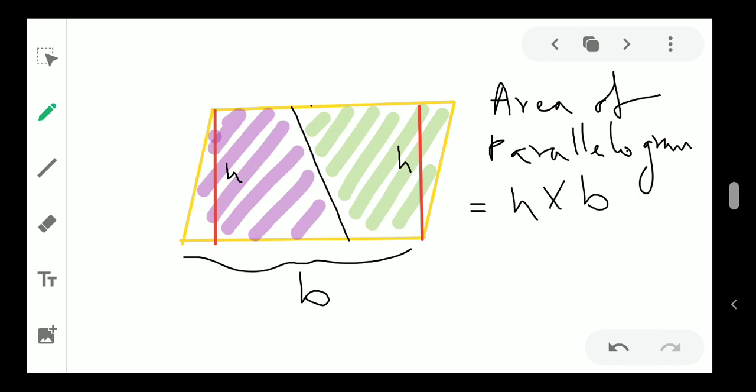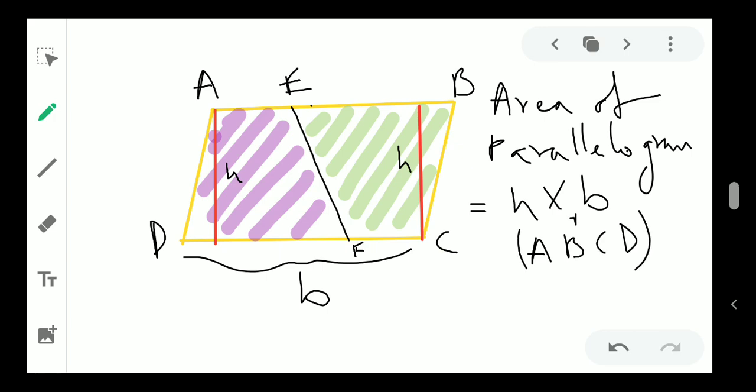But now as I have divided the portion, let me give names. A, B, C, D, and here I will give E and F. You can see that the area of ABCD, the parallelogram, was height into base.